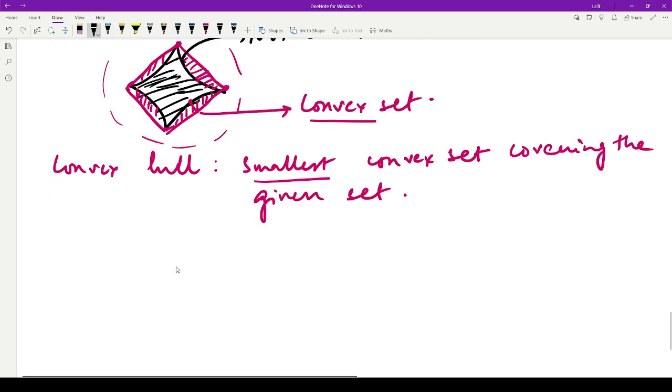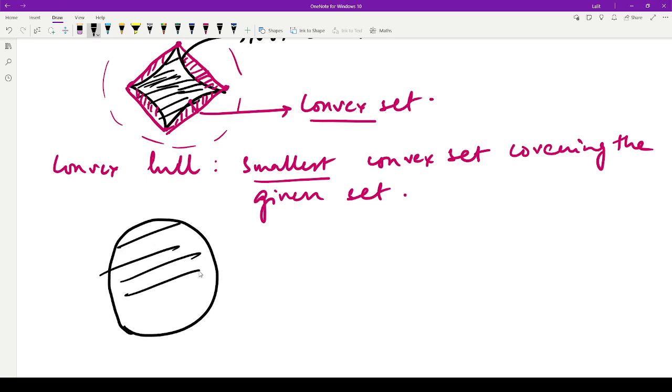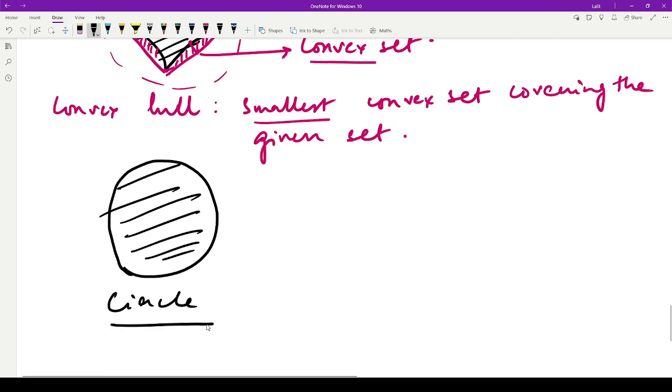So I'll repeat one example again to make it clear. This is a circle which is filled. Is it convex? What is the convex hull of it? Yes, the convex hull is the same as the circle itself, because it is already convex and you don't need to add anything more to it.